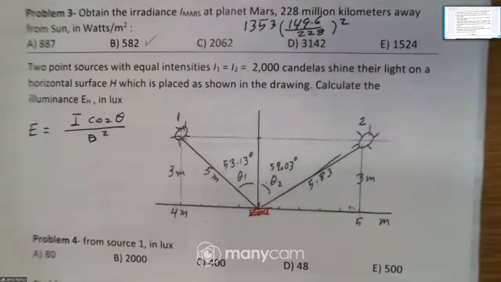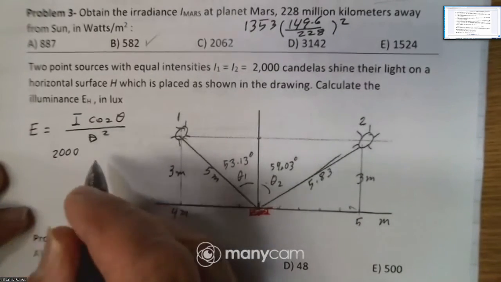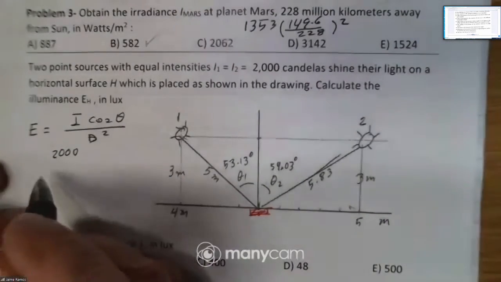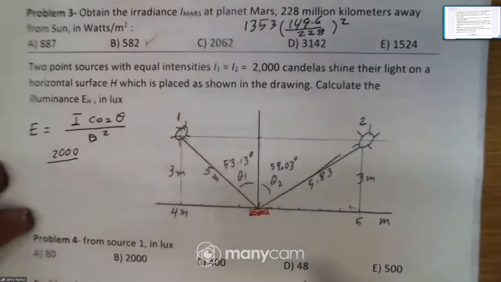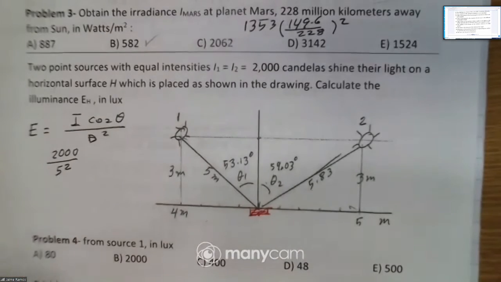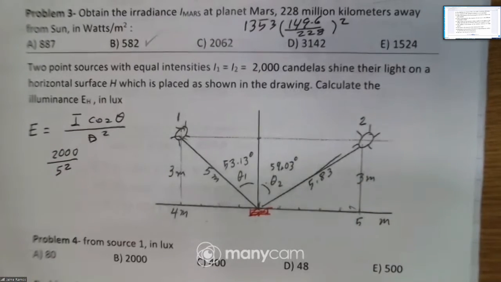So let's see, I is equal to 2000. If we come in direct, it'd be 2000 divided by 5 squared. So that's 80 luxes. If we would go direct, 80 luxes, but it's not going direct, it's going through an angle.